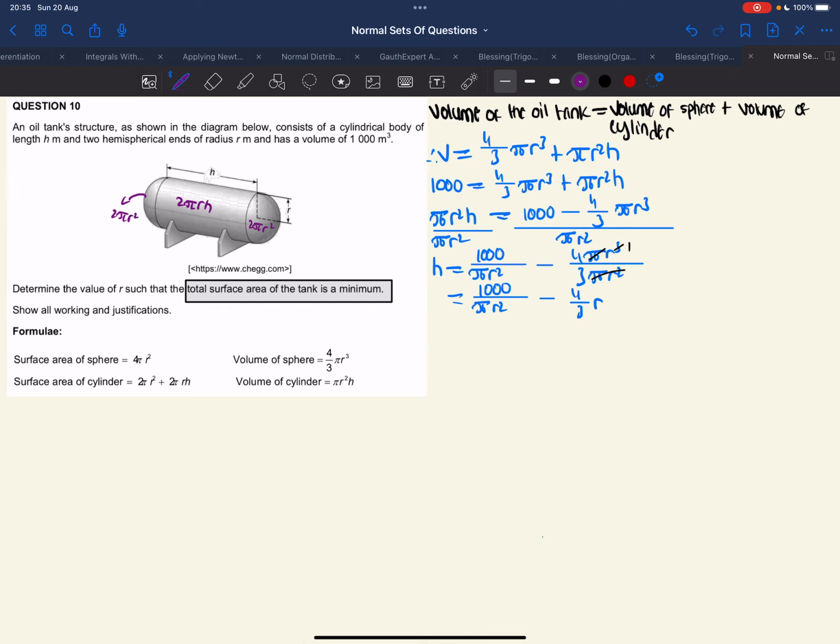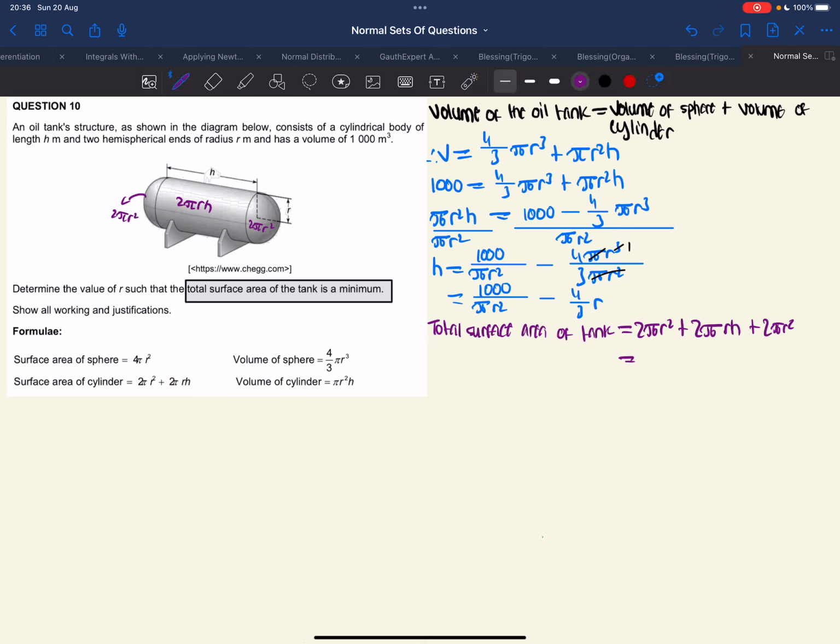So if you do add them, we're going to say total surface area of tank. You're going to do 2 pi r squared plus 2 pi r h, and then plus 2 pi r squared again, which is basically the same as doing the surface area of a sphere with only this part of the cylinder.